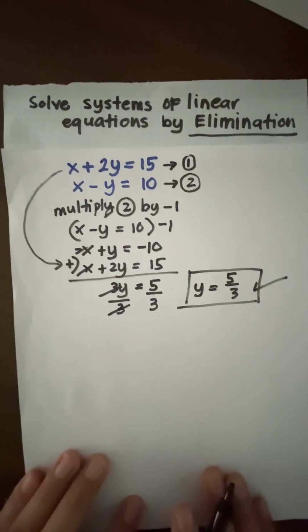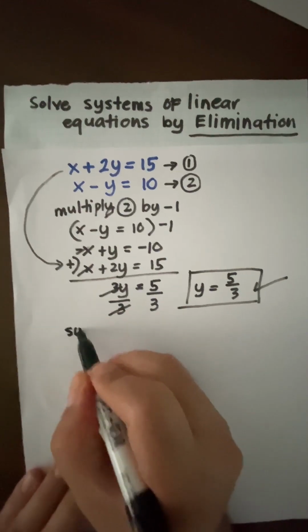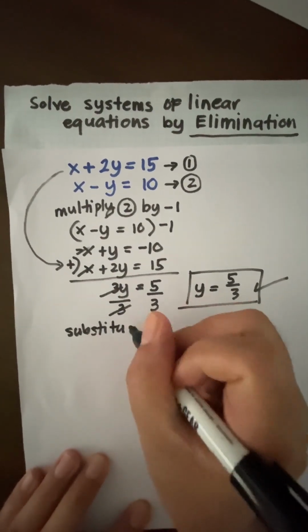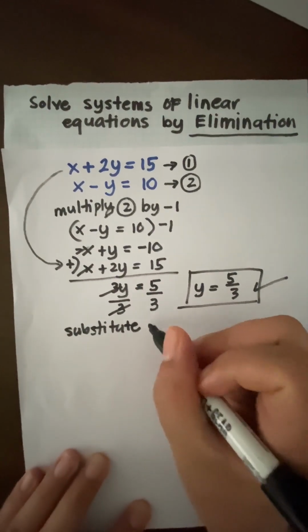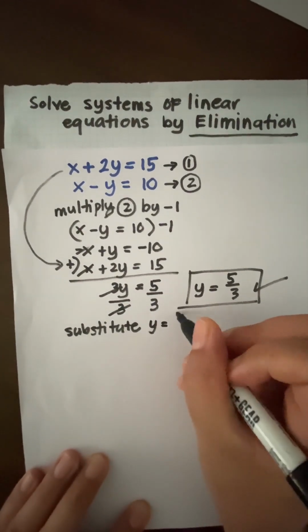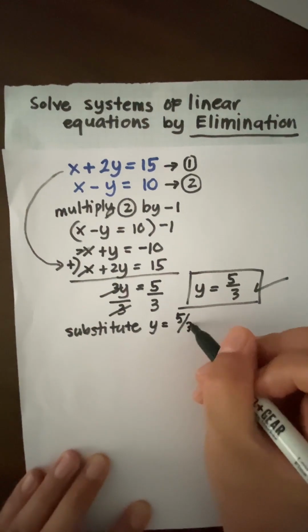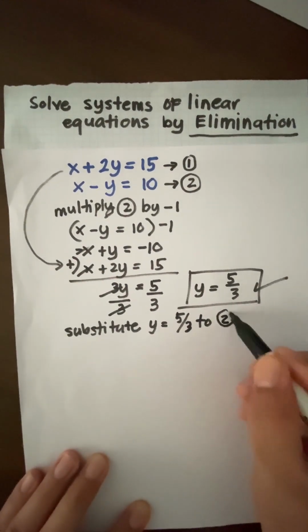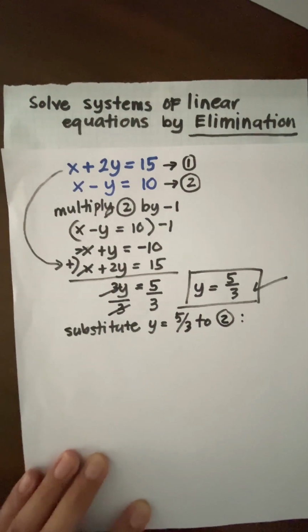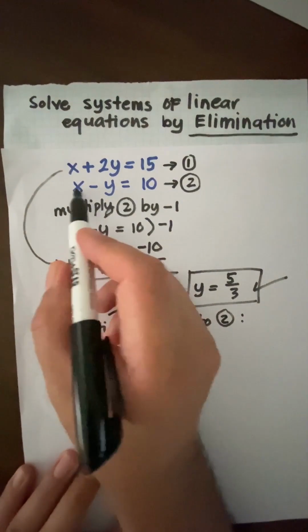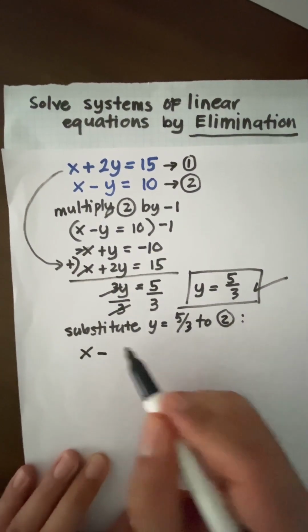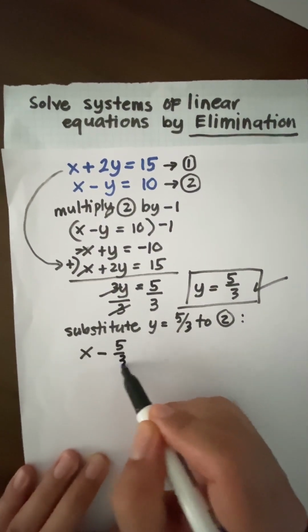Now that we have the value of y, we use this value of 5/3 and substitute it to equation 2. Equation 2 now becomes x minus 5/3 equal to 10.